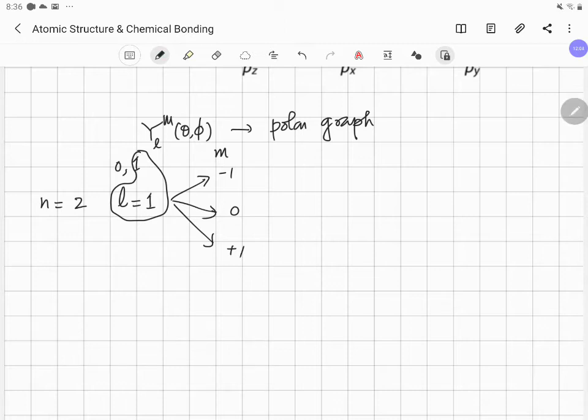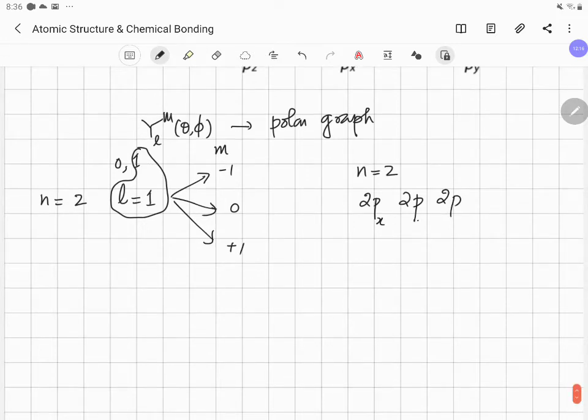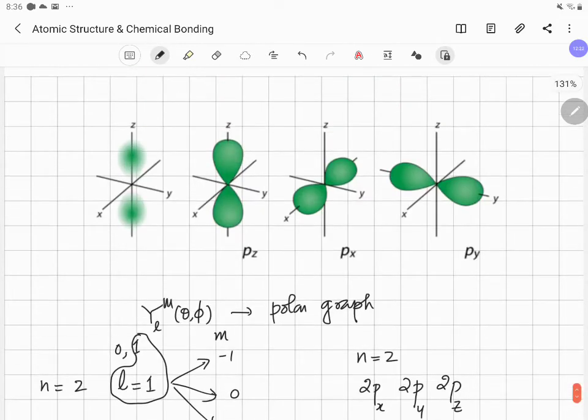Say, for example, if n is 2, there are 2p orbitals, three of them. One is px, the other is py, and the third one is the pz orbital. And these p orbitals take this figure.